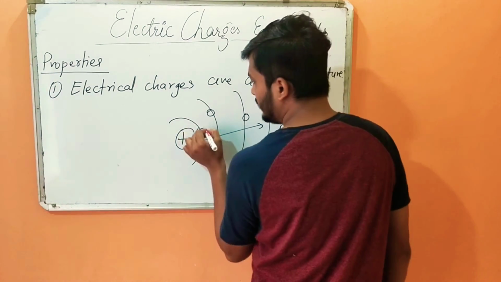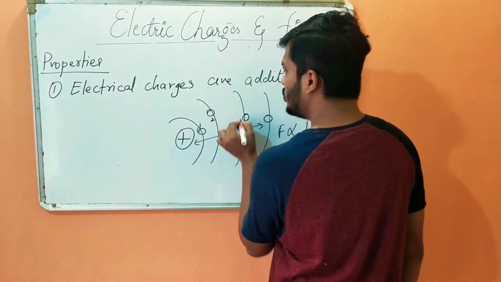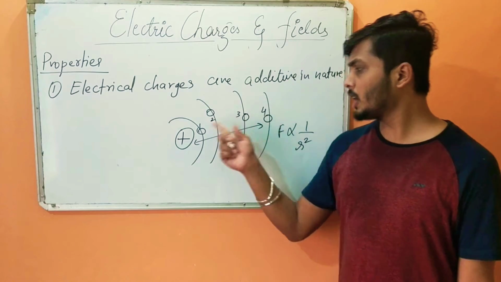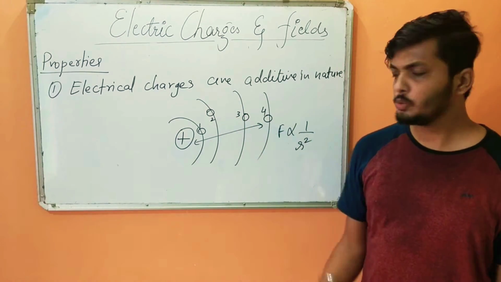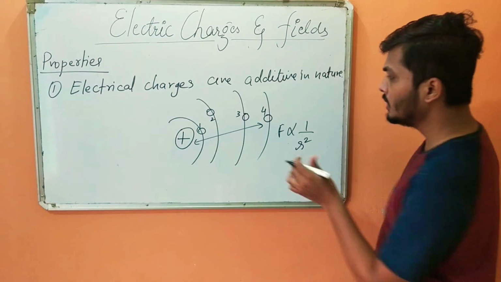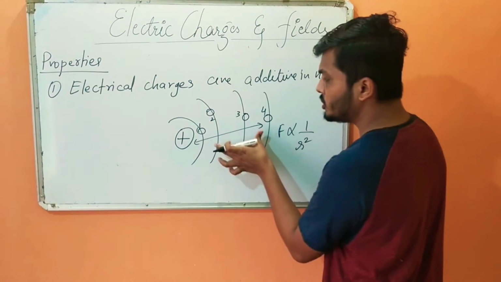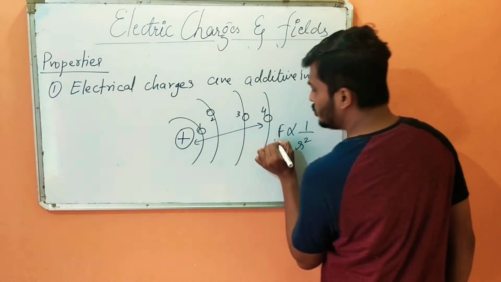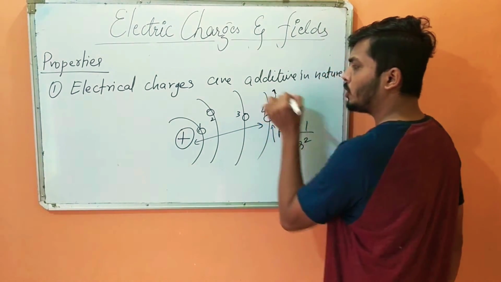Now if I say this is electron 1, this is electron 2, this is electron 3, and this is the fourth one, which one will be convenient for me to generate current? Which one will be easier? Obviously the fourth one, because the distance is more, and if the distance is more, the electrostatic force of attraction will be less. So I can easily use a little bit of energy and make this electron move.